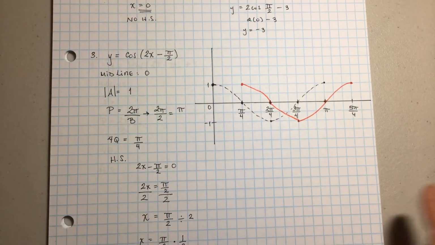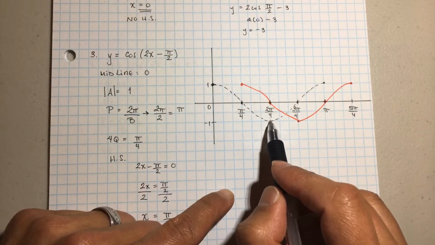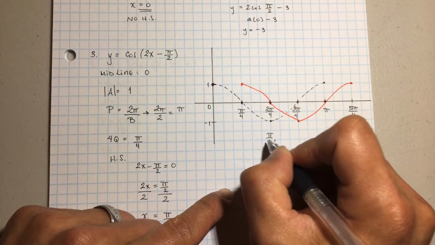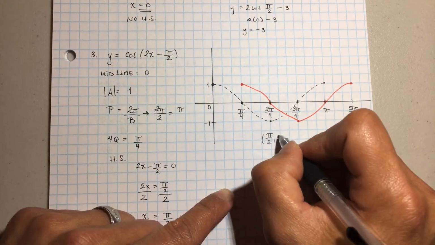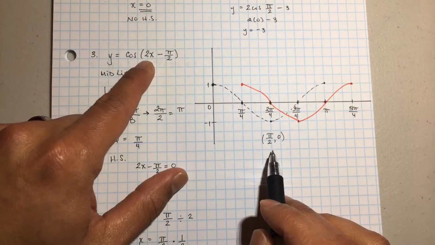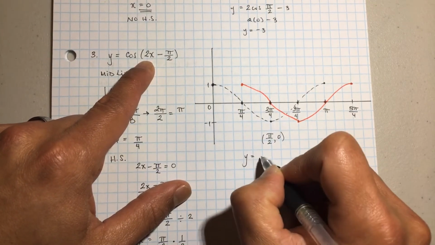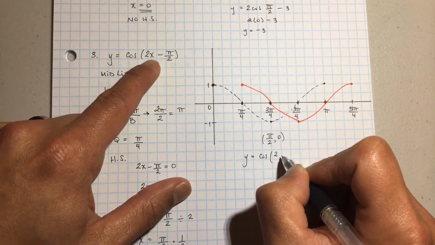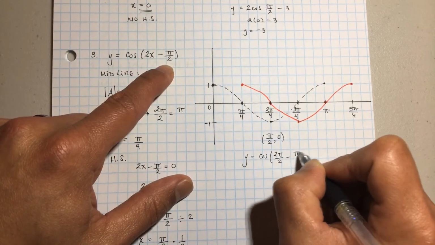And that's it, guys. And then same thing, you can figure it out that this is pi over 4, 2 pi over 4, which is the same thing as pi over 2. So when we get pi over 2, the x value is 0. So that means when I plug in pi over 2 into here, I should get 0. Okay. So let's see that. Cosine 2 times, instead of x, I'm going to put pi over 2 minus pi over 2.